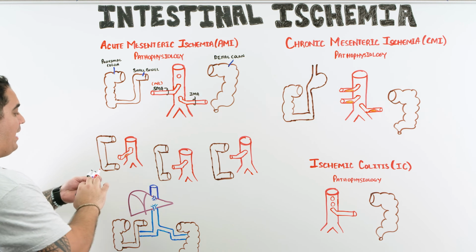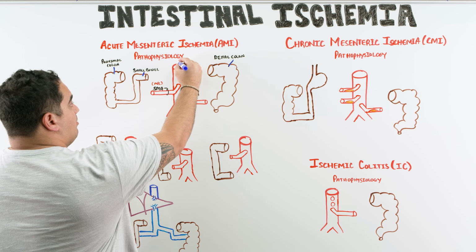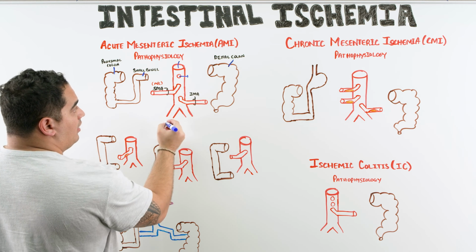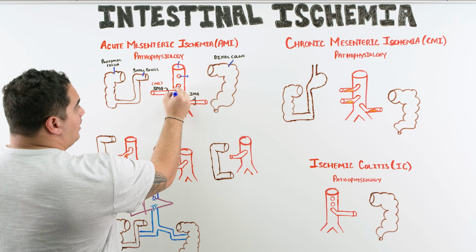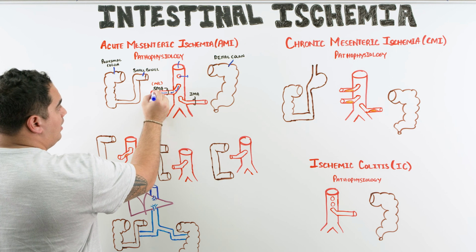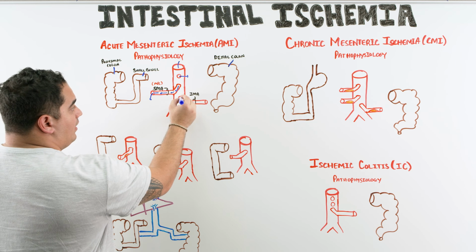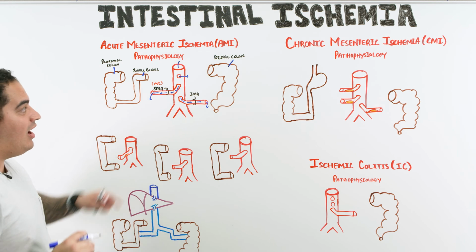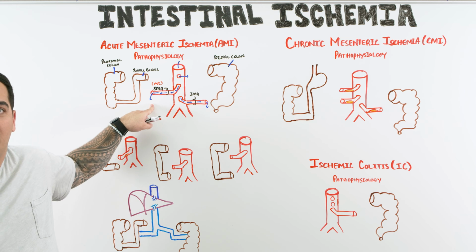But I think the overall pathophysiology here is blood is supposed to move down through the aorta. It could come out via the celiac trunk, it could move via the SMA, or it could move via the IMA. But the most common one is going to be the SMA.